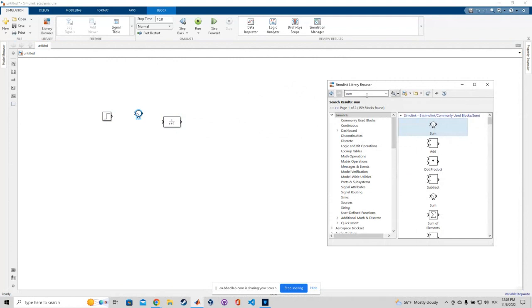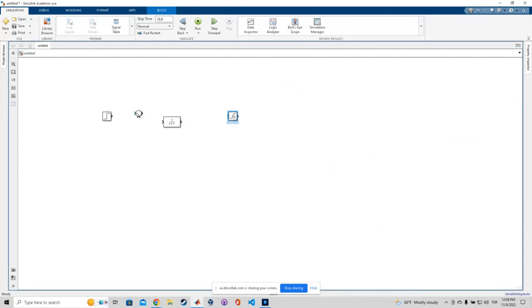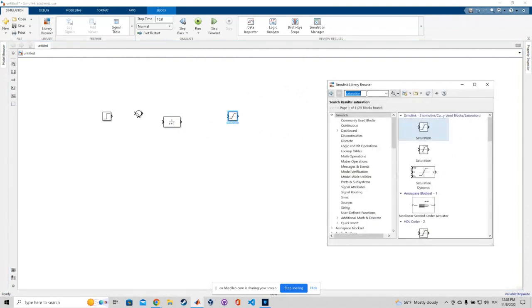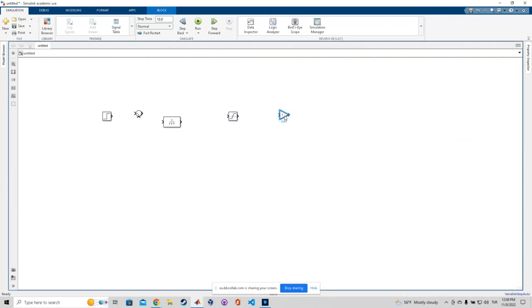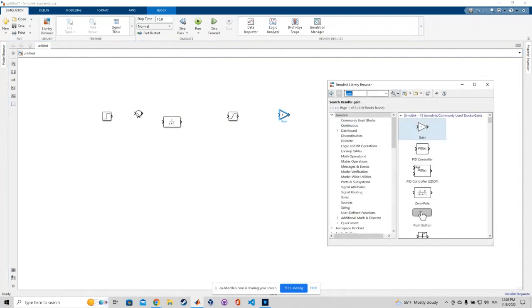And then we have a subtraction, just saturation, to limit our current. And then we will use our feedback gain. What else? We're going to use a scope to observe our output.